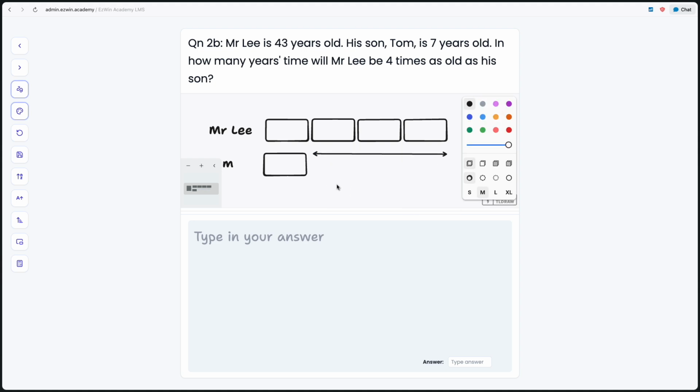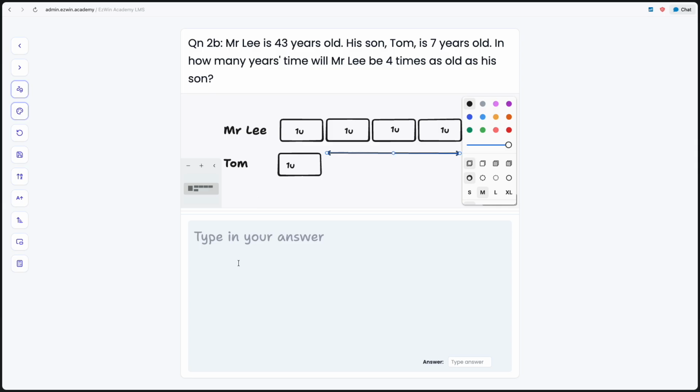Okay, so I'll just put 1 unit in each side over here. So 1 unit is here. Okay, another unit is here, another unit, and another unit. Okay, and also over here as well. So Tom and Mr. Lee have 3 units in terms of difference.